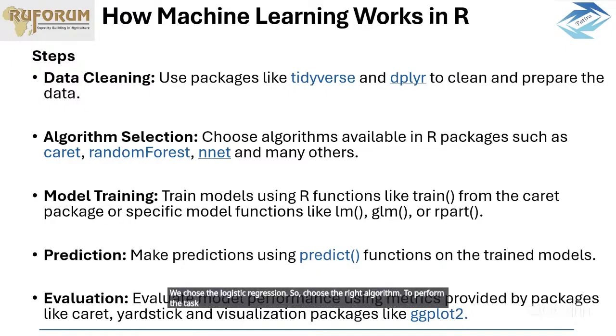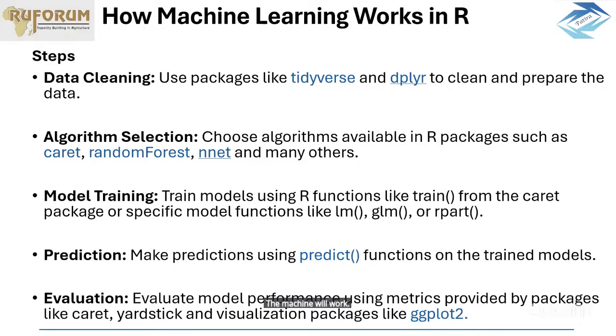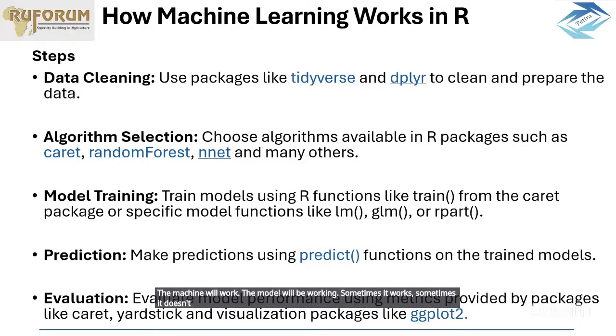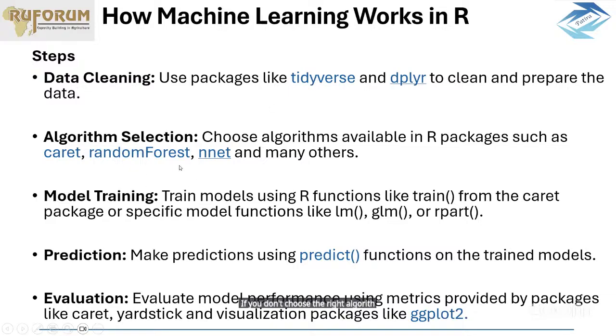If you choose the wrong algorithm, the model will still run. Sometimes it works, sometimes it doesn't, but it can give you wrong output and wrong predictions if you don't choose the right algorithm. Then we train the model. We use the different functions that exist that help us to run these models correctly.